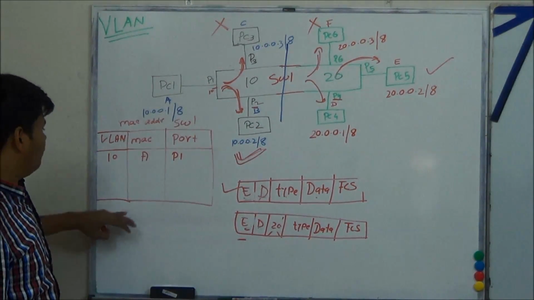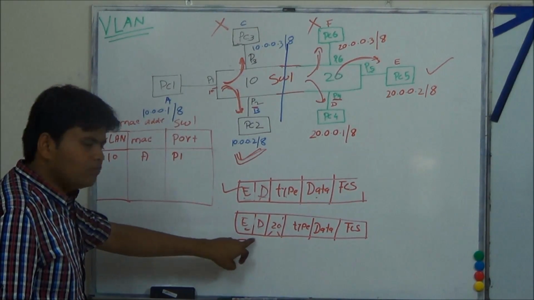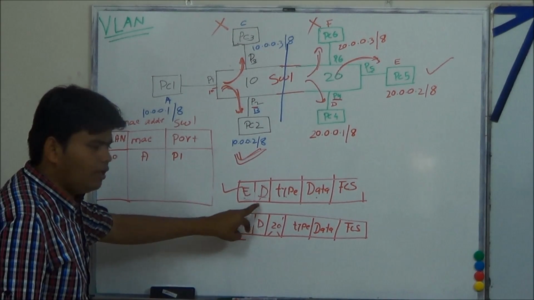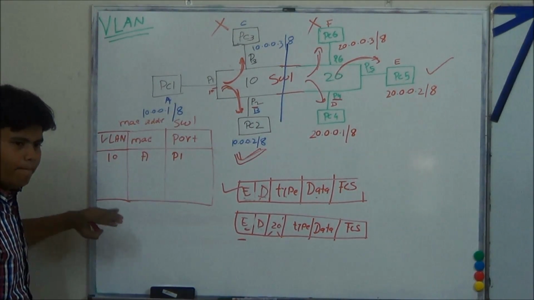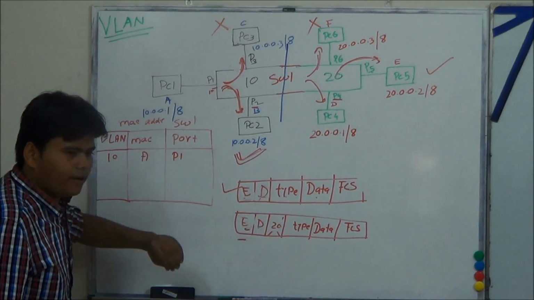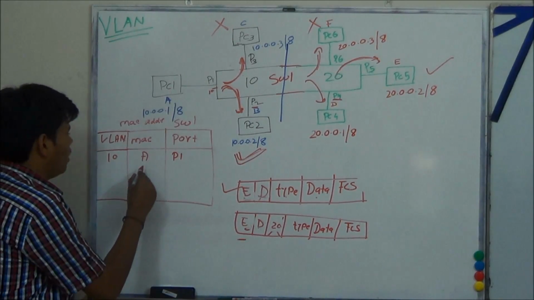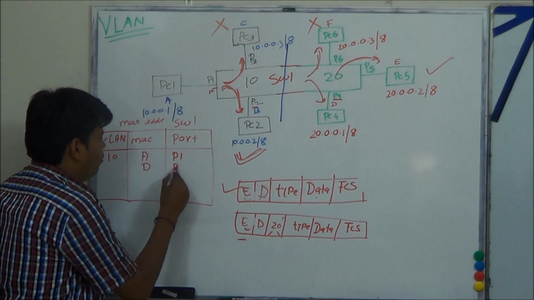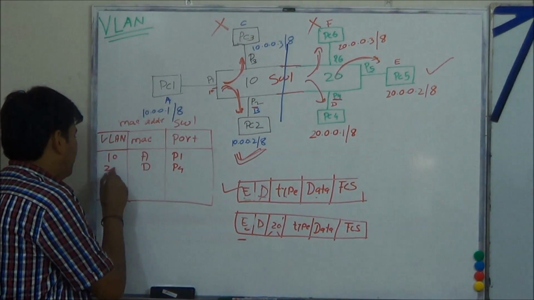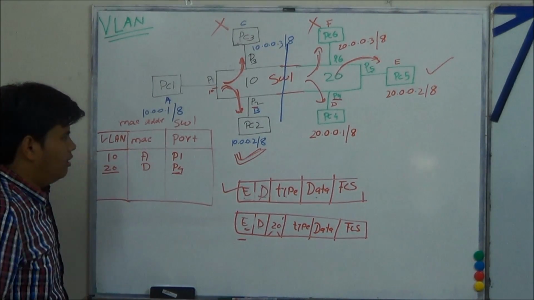It will first check the source MAC address of the frame, D, and compare it in its MAC address table. Here it does not find an entry regarding D, so it learns MAC address D at port P4 and VLAN 20, because port P4 is in VLAN 20.